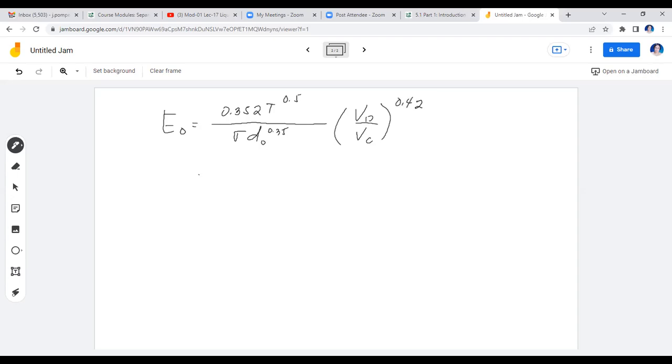So in terms of the problem that we have, you just need to place in here the value. Yes, 0.25, I think, instead of 0.35. Okay, I did have a typographical error there.